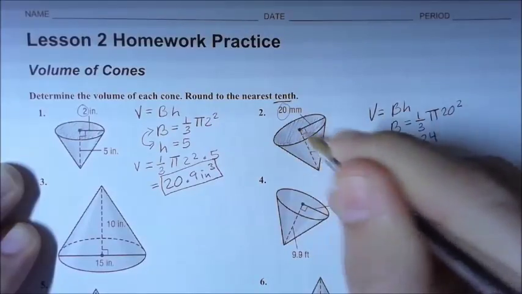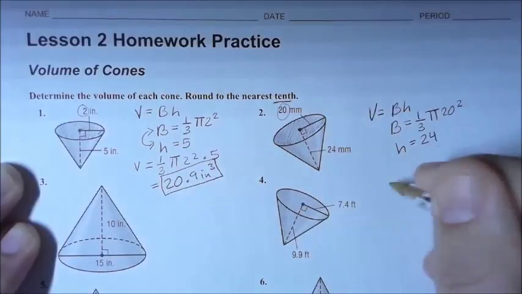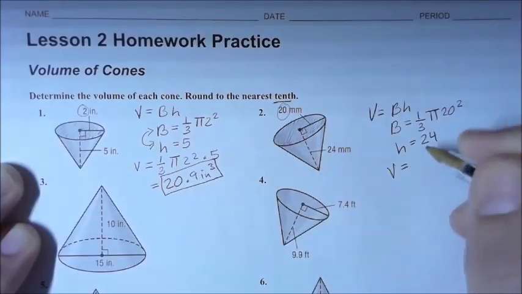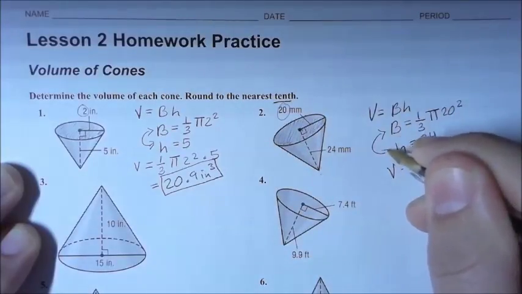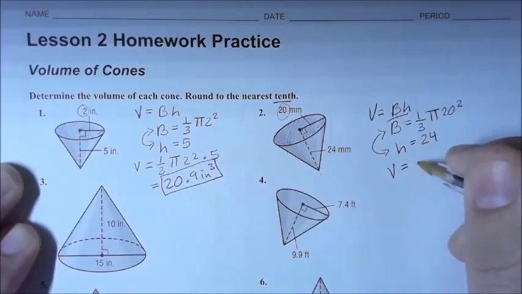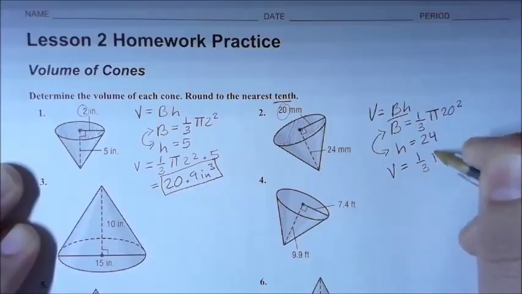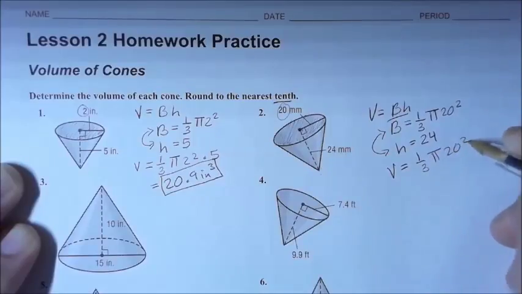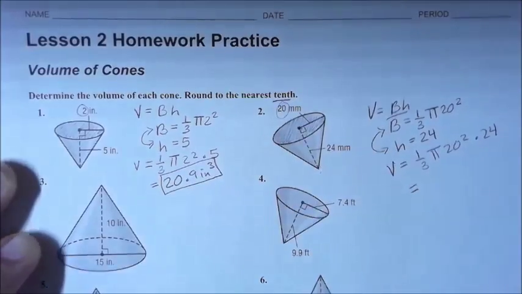That's the distance up and down from the top to the bottom of the figure. And then we can go ahead and put it together. Big B times H, which is what we're supposed to do up here, and we're going to put it down here. So we have 1/3 pi times 20 squared times 24. And I'll let you put that one in the calculator and write your final answer.